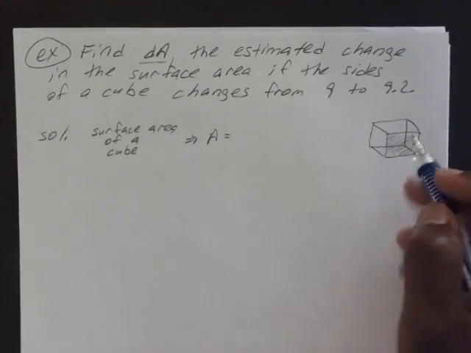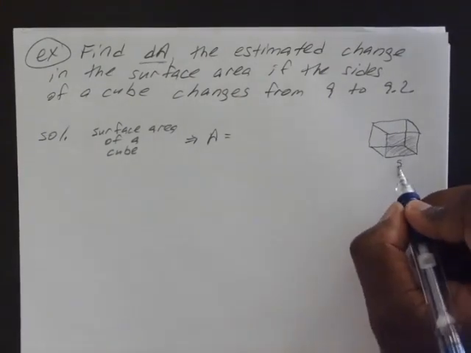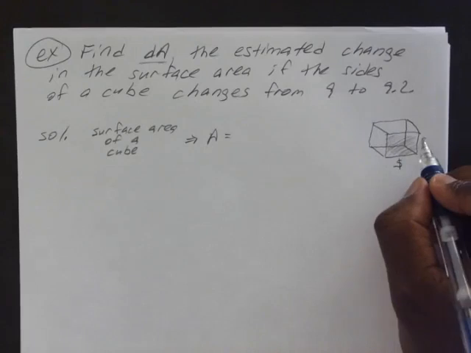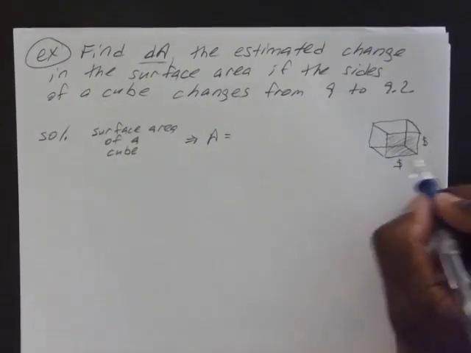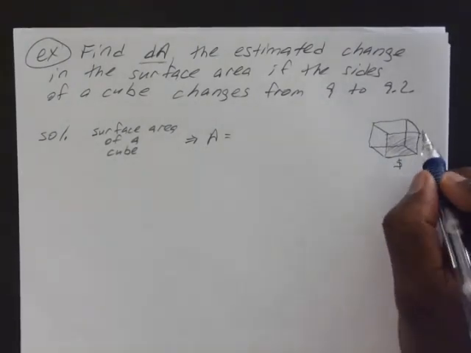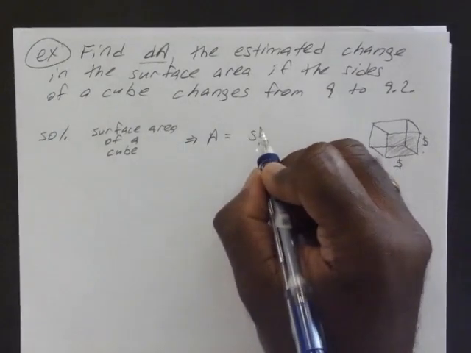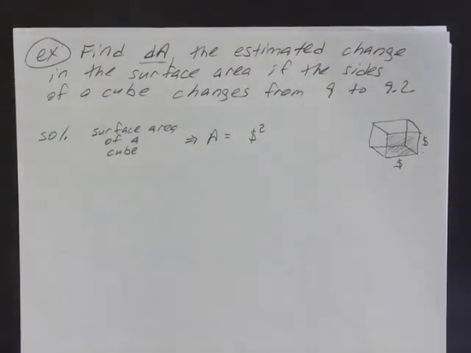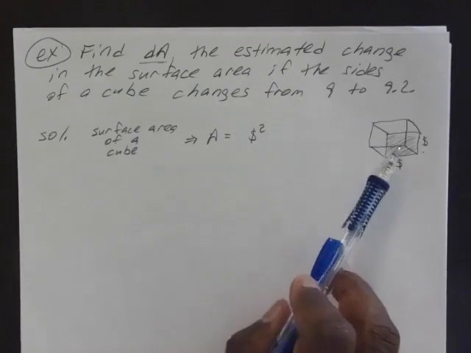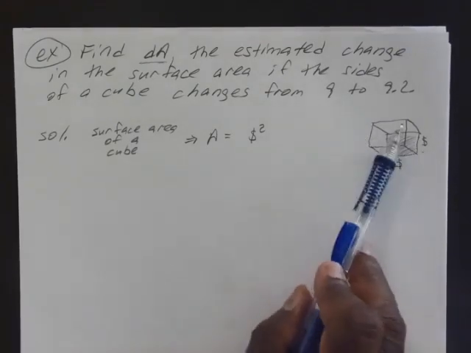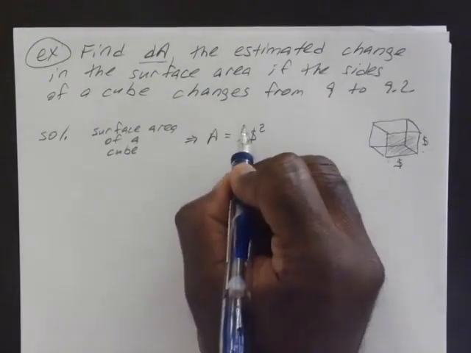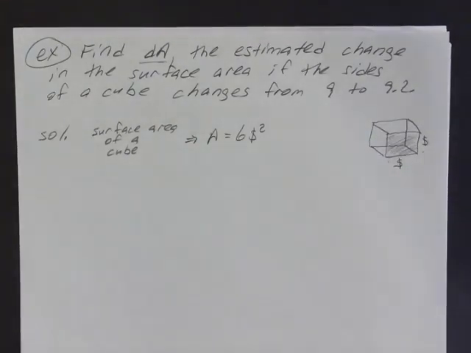The area of this side, with side of length S and this side of length S, is S times S, or S squared. If we add that area with the front, back, left, right, top, and bottom, that's just that same length times width times 6.